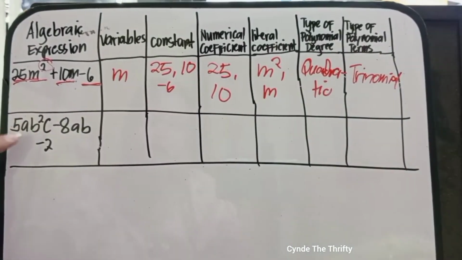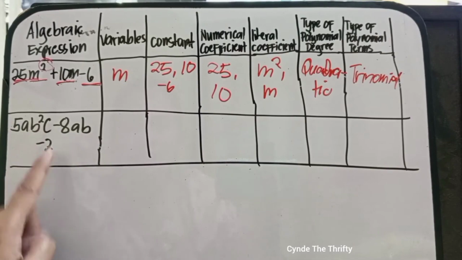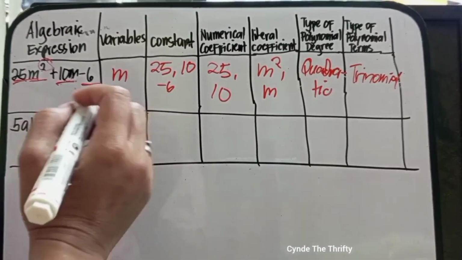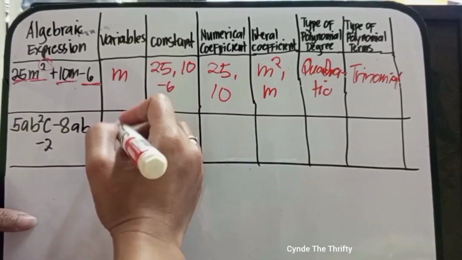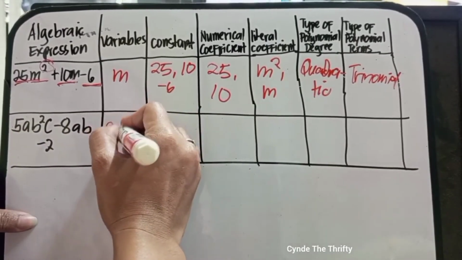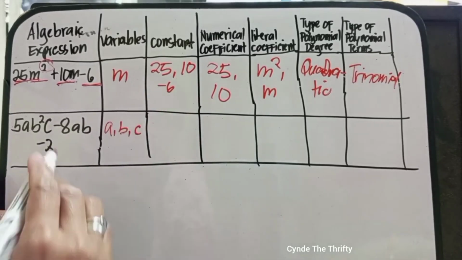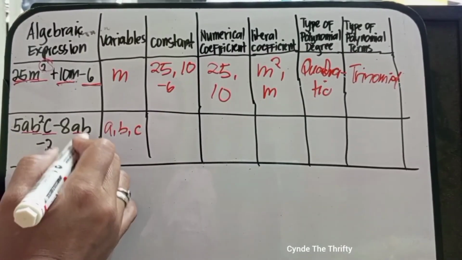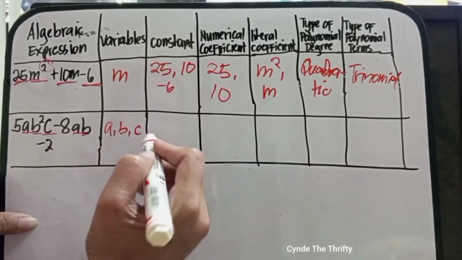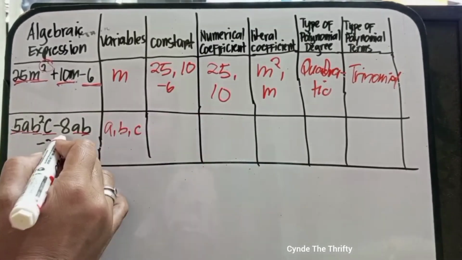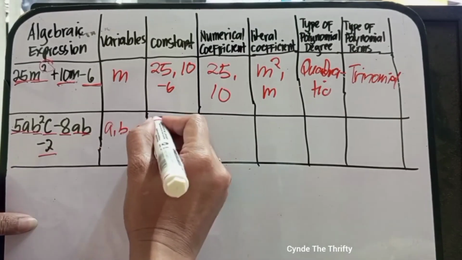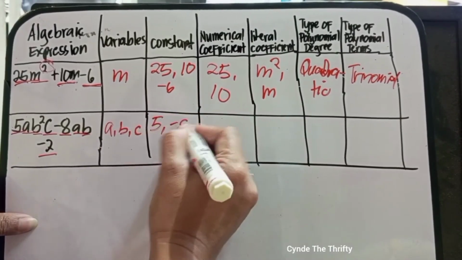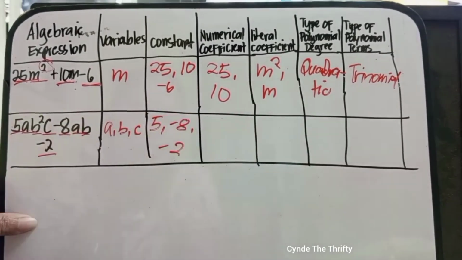Another example, 5ab squared c minus 8ab minus 2. So, ano yung ating variables? Okay, so we have a, b, and c. So, ang ating variables is a, b, and c. Ang constant natin, meron tayong 5, negative 8, and negative 2.